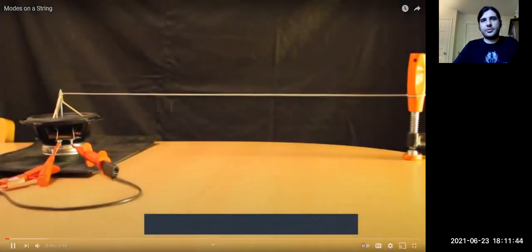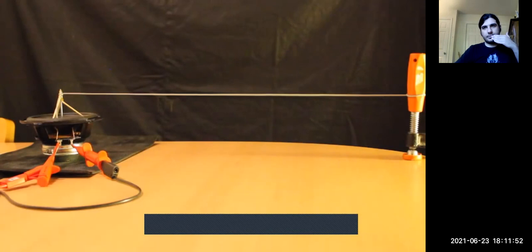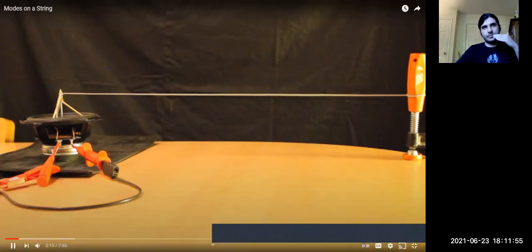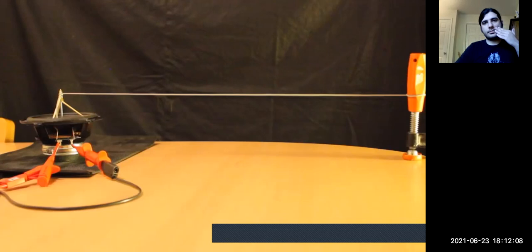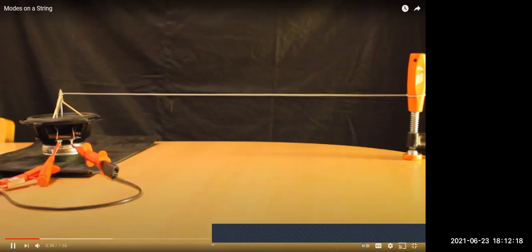Another way to look at resonance is to look at what are called modes of vibration on a string. A mode is just a frequency at which a string, like the one shown here, wants to vibrate naturally, in exactly the same way as a simple harmonic oscillator wants to vibrate naturally at some frequency. What we have here is a string that's anchored on one end. On the right-hand side, you can see it's tied onto a clamp that's clamped to the table. And on the other end, I've attached it to what used to be a perfectly good mid-range driver and now won't work very well ever again.